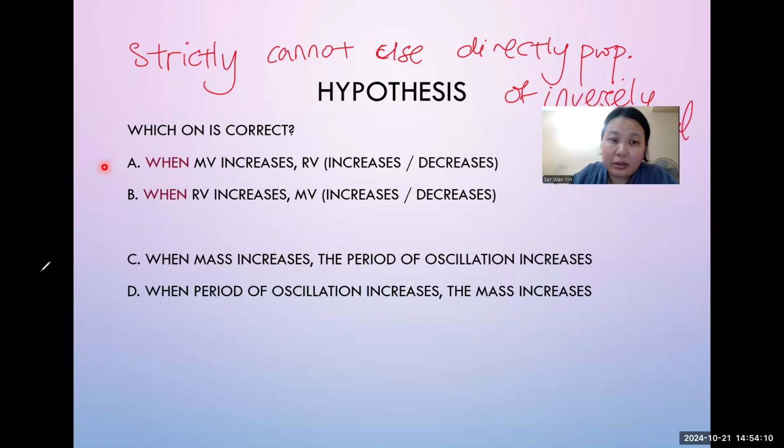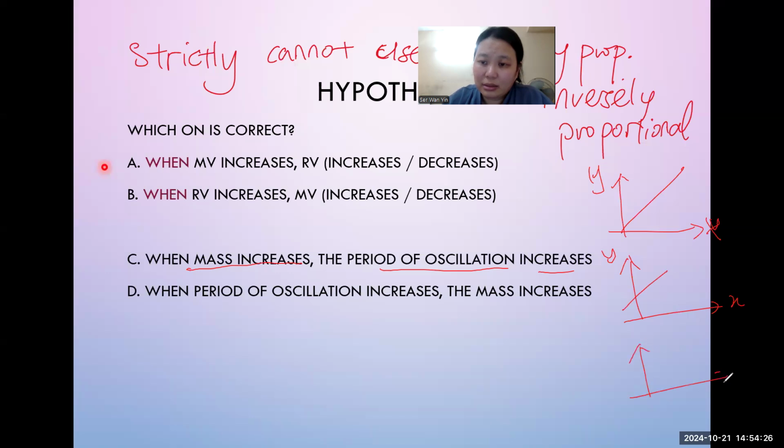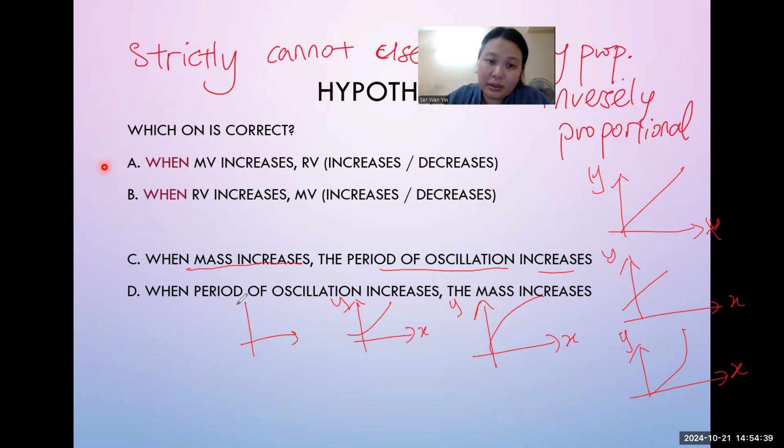Why cannot? Because when mass increases, period increases, actually there could be a lot of graphs like this. Maybe this, maybe this, maybe this.